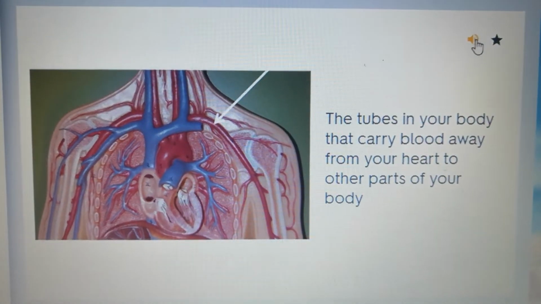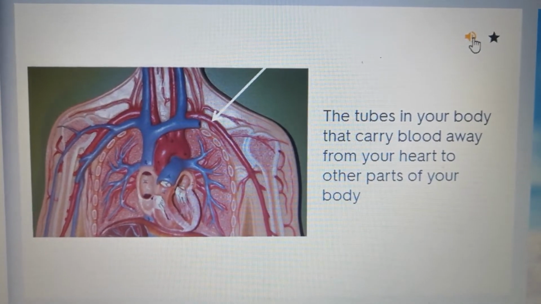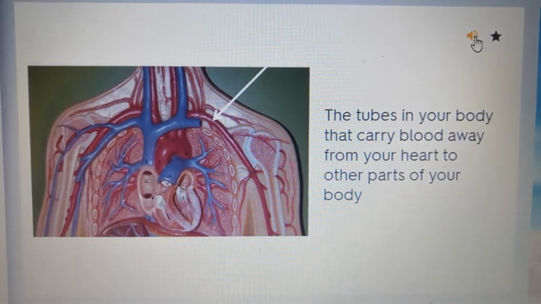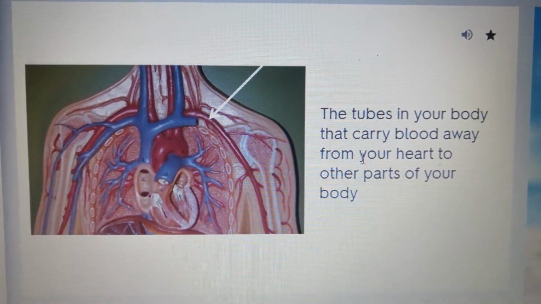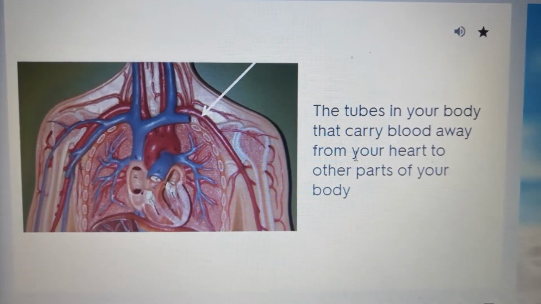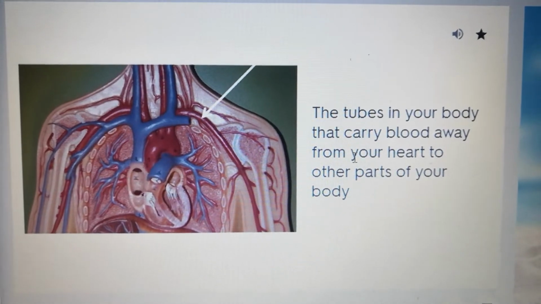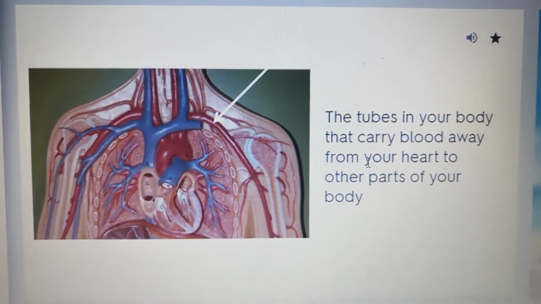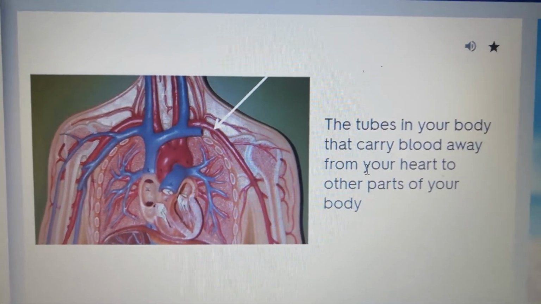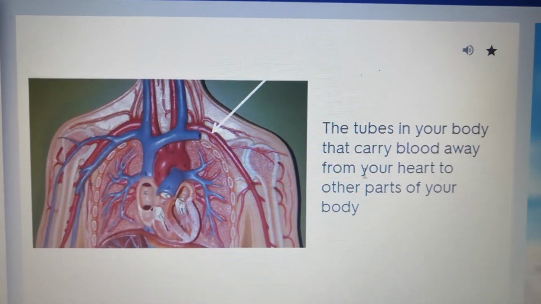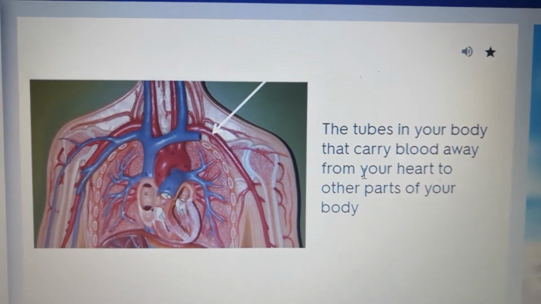So what are arteries? The tubes in your body that carry blood away from your heart to other parts of your body. For example, Arthur eats low-fat food to keep his arteries healthy.